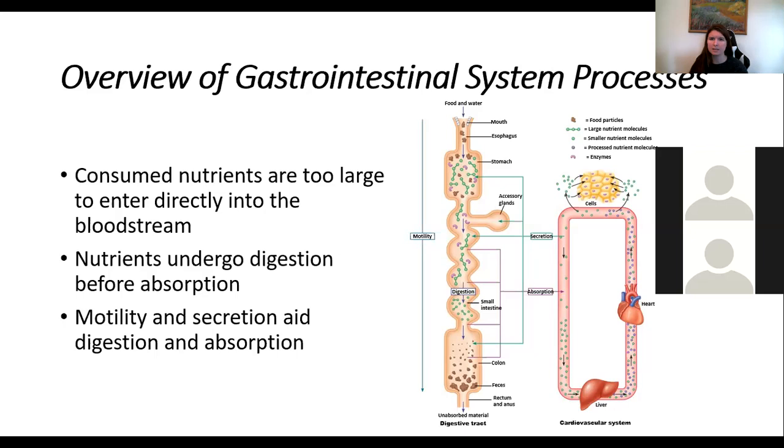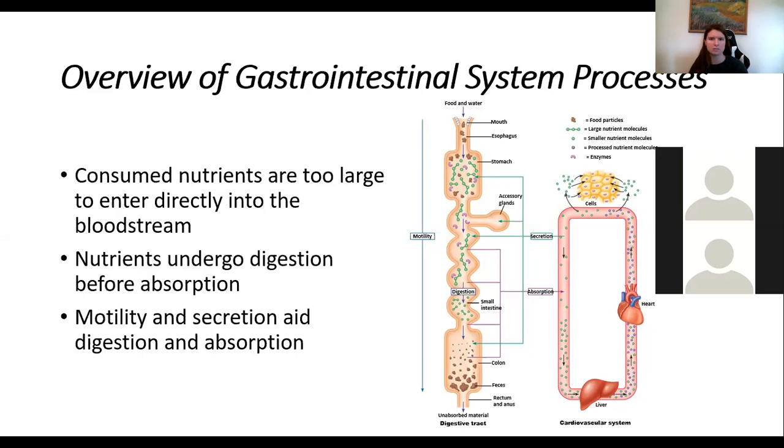And the other thing that your gastrointestinal system is doing as you eat food and as it's breaking stuff down and absorbing stuff is that basically it moves. So it swooshes food around, swirls it around in order to help break it down and to help get those nutrients in contact with the epithelial layers of the gastrointestinal system, so that they actually are absorbed.